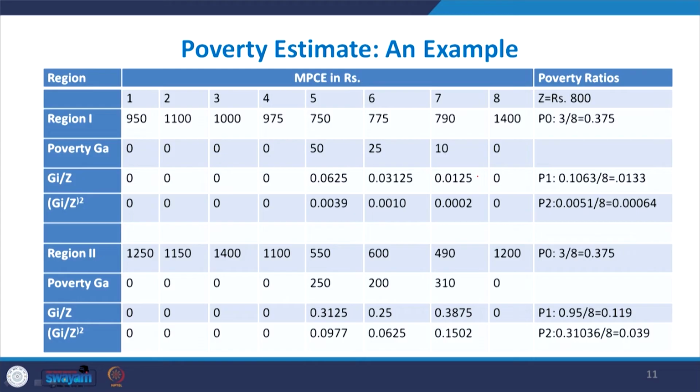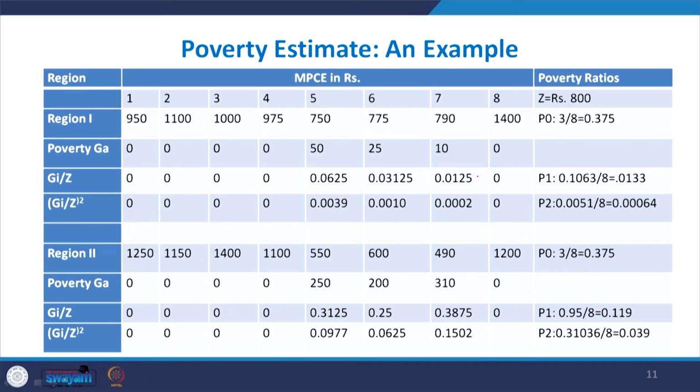So, from this example you observe that in both region first and region second, when we measure poverty by the head count ratio, poverty is the same. But when we take the poverty gap ratio, then we find that the intensity of poverty in region second is higher than in region first.